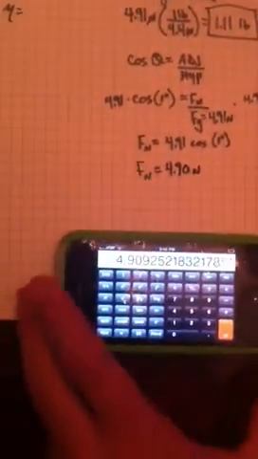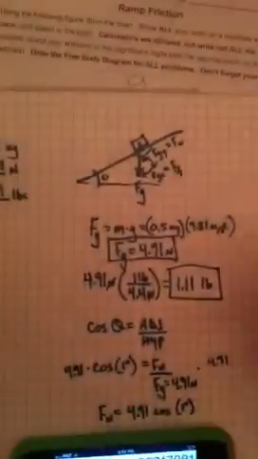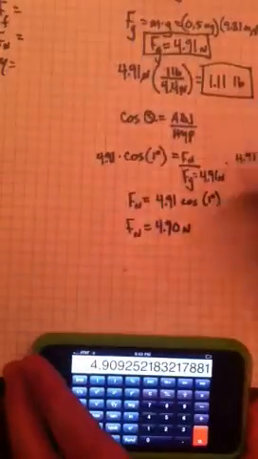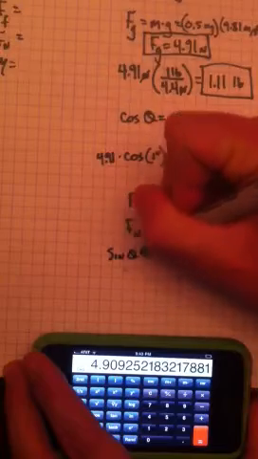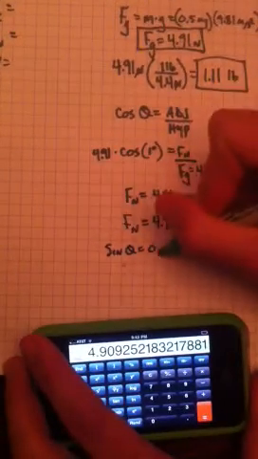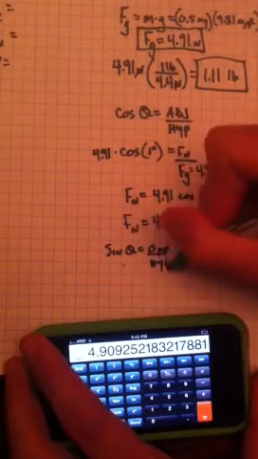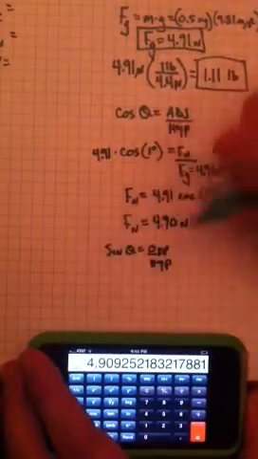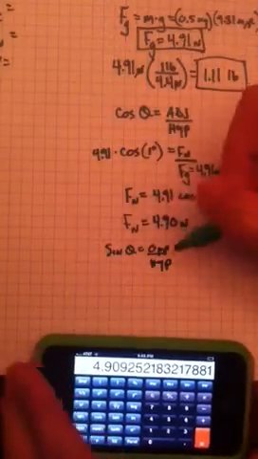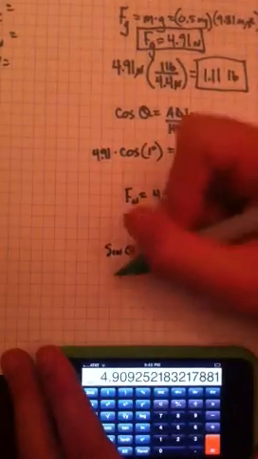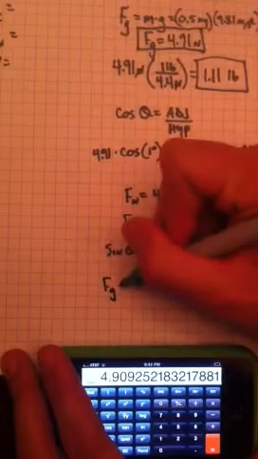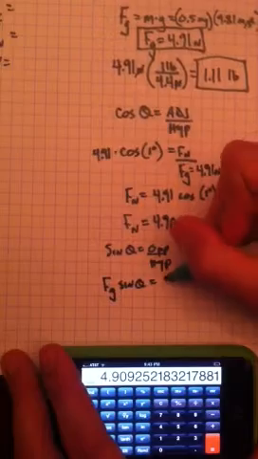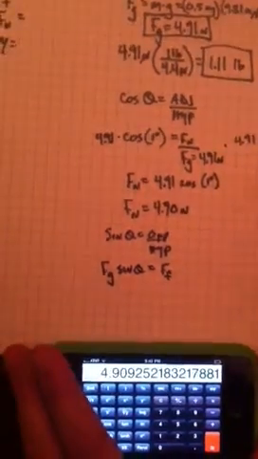Now, to solve for the force of friction, which we said is going to be this component right here, we're going to have to use the sine function. So we're going to say sine theta is equal to opposite over hypotenuse. And now we can plug in the numbers that we know. And actually, I'm going to take 2 steps here in one, and I'm going to say the force of gravity times sine theta is equal to our force of friction.